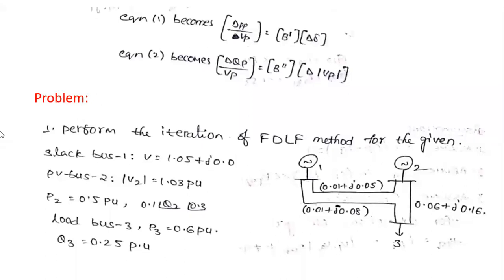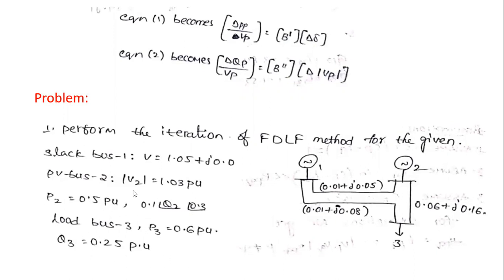Next, bus 2 is the PV bus, with V2 equal to 1.03 per unit and P2 equal to 0.5 per unit, and Q2 limits of 0.1 and 0.3. Then the third bus is the load bus, where the P and Q values are given. This is the given data.